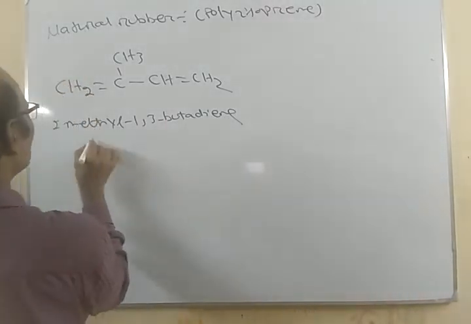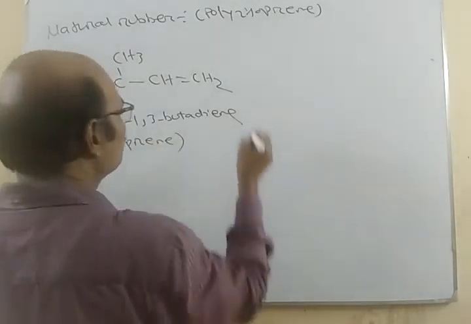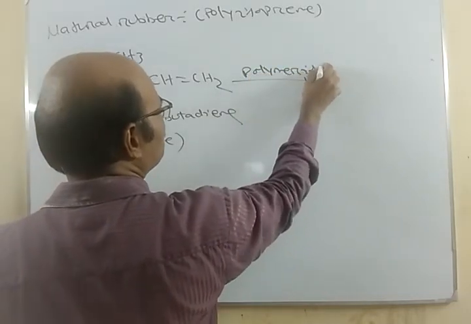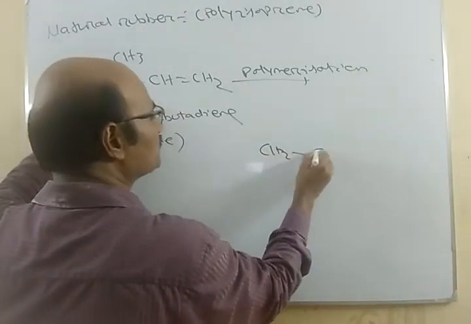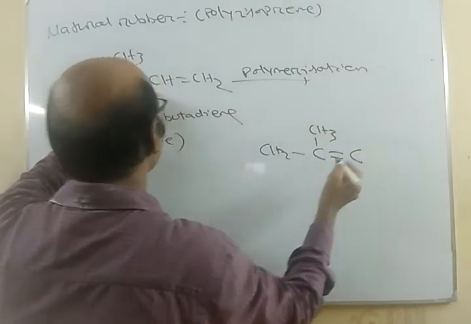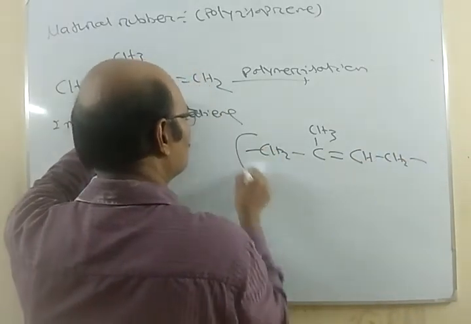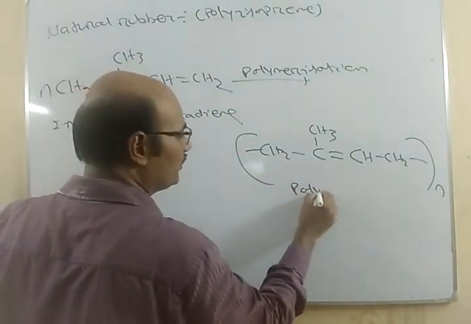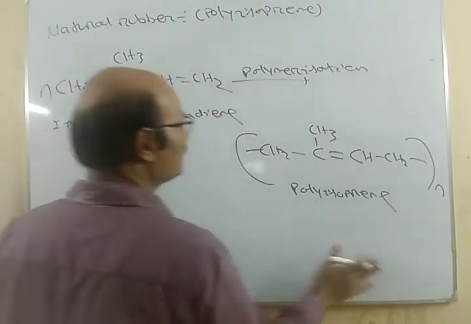Okay, called what, isoprene. Okay, so this undergoes polymerization to give what, CH2 single bond CH3 double bond C, H CH2, and it is called what, polyisoprene. Okay, or the natural rubber.